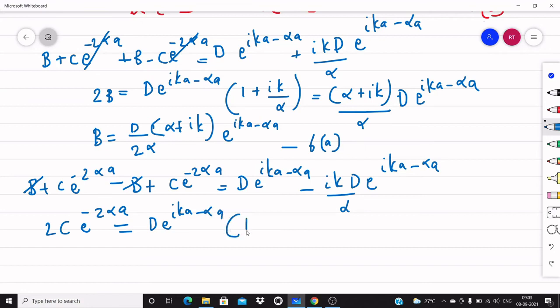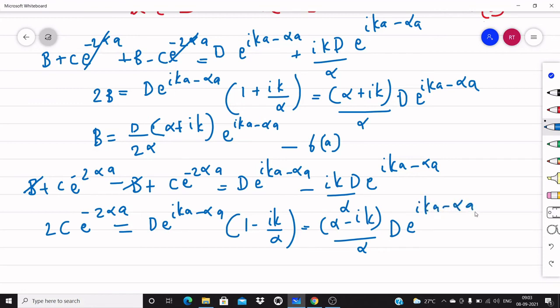So what you have is 1 minus ik by alpha. Take LCM, so it will be alpha minus ik by alpha d e raised to ika minus alpha a.